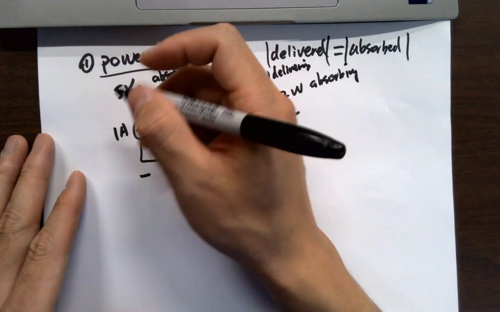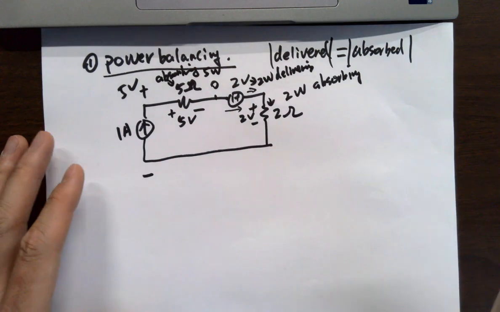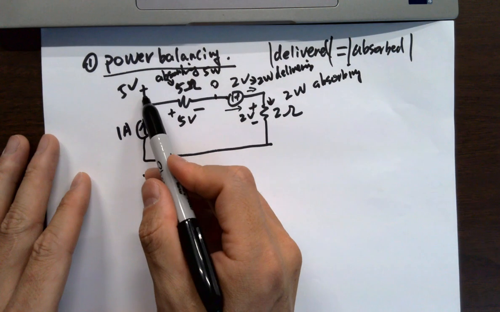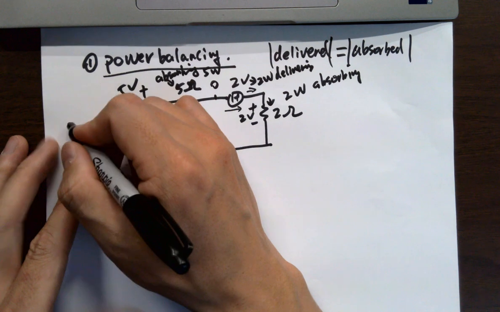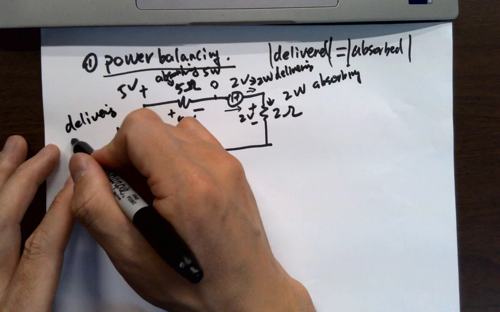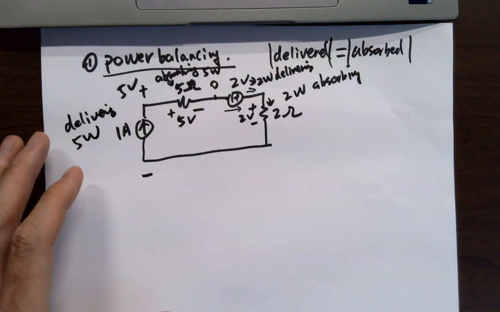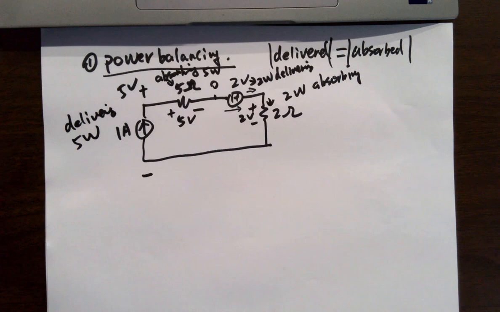How about this guy? Shooting out from the anode. So it's delivering 5 watts, right? So it's balanced. Okay, it's balanced.